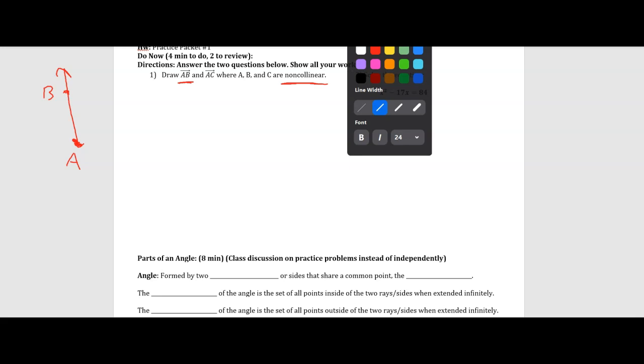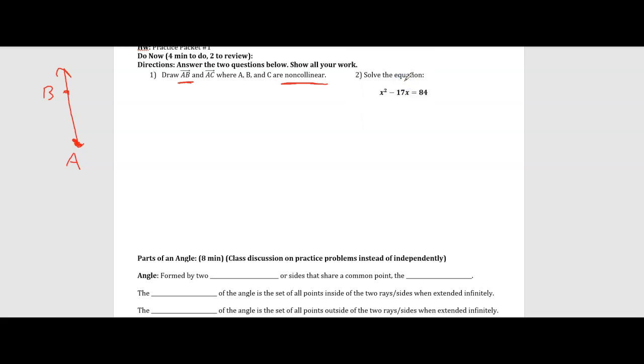Now, I have to draw another ray AC, and I just have to make sure that all 3 points are not in the same line. So the only place I can't draw AC is right here, because then they would all be on the same line. So I just need to create a little angle. Now, here's another ray, AC, and the 3 points are non-collinear.